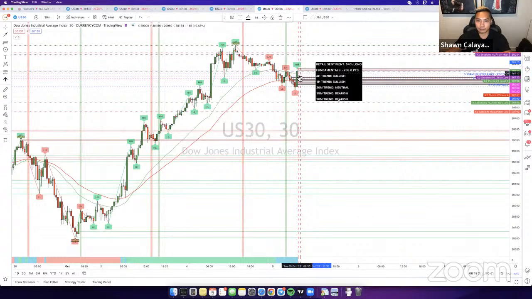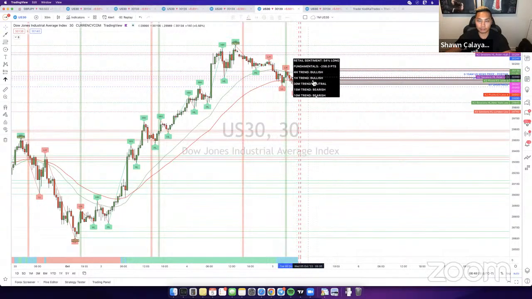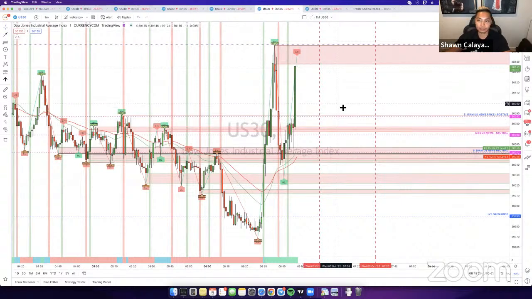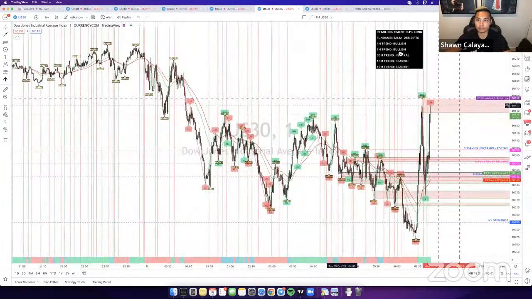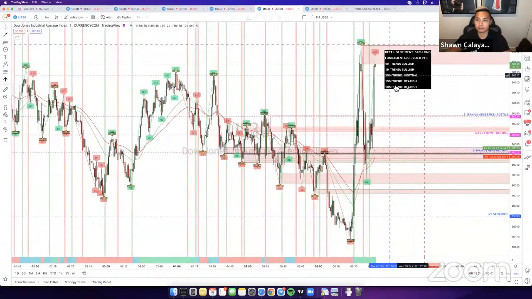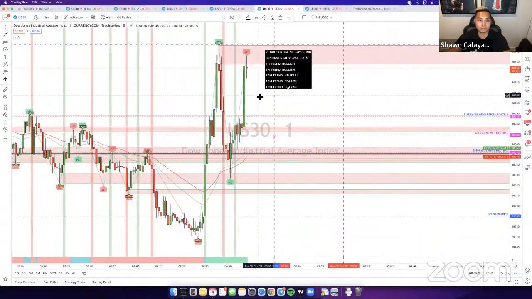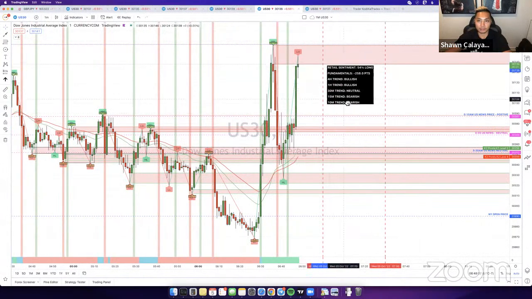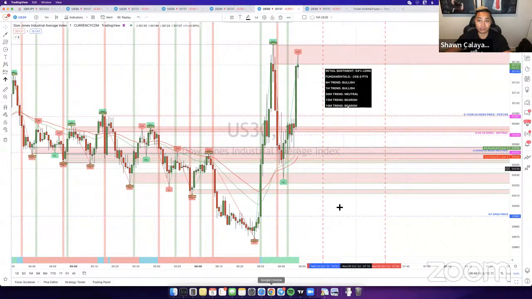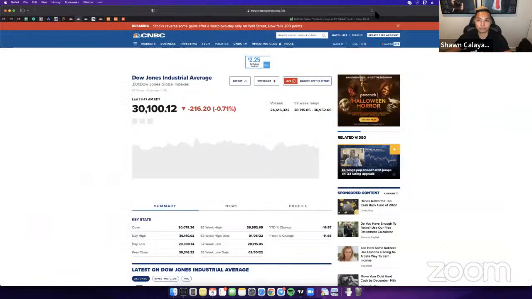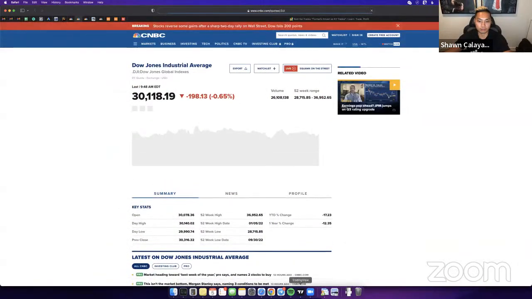This 30-minute candle still has about 11 minutes left on it, but I think eventually it'll start to shift to the upside. If that's the case, then we have a shift in trend. We'll see where that goes. The fundamentals here are starting to weaken as well. It should be less than 258. It's 216 now, 200.